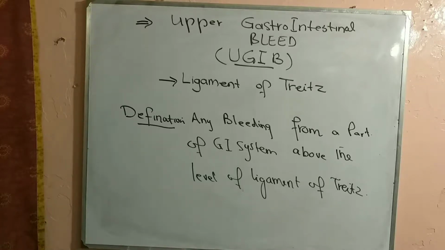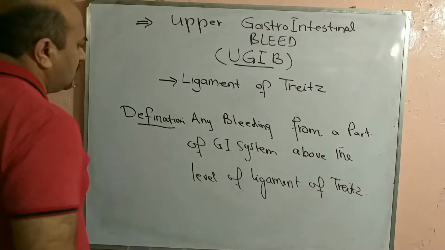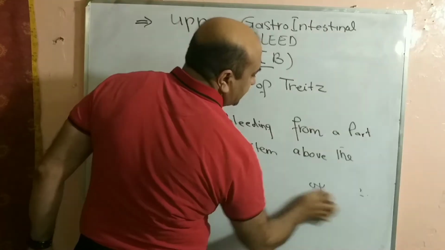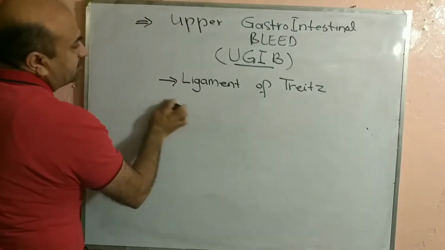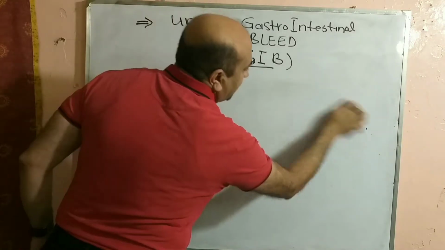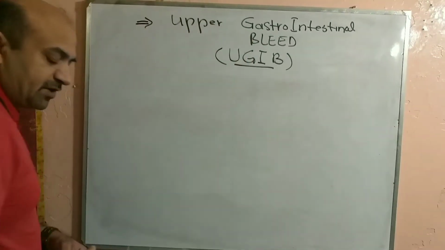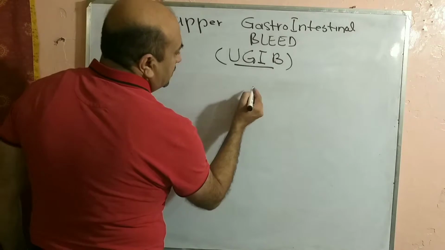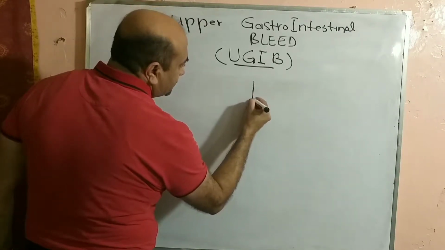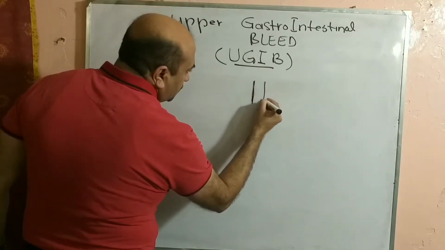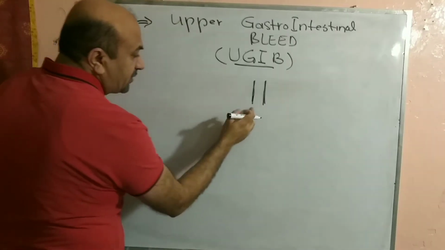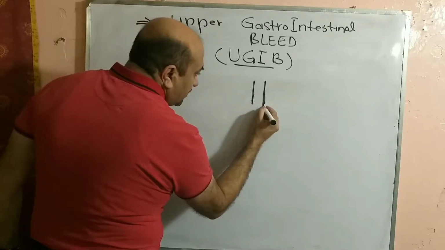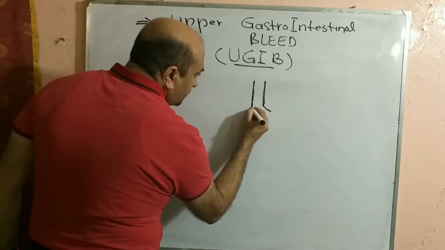So, if we talk about the upper GI bleed, where lies the ligament of Treitz? If we make a short diagram of the GIT tract, from where the bleeding is happening, say this is the esophagus. This is the part where the lower esophageal sphincter is located, and here starts the stomach.